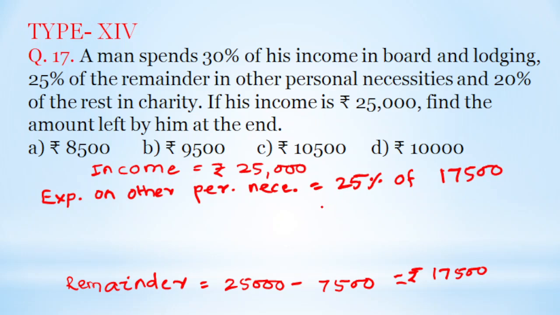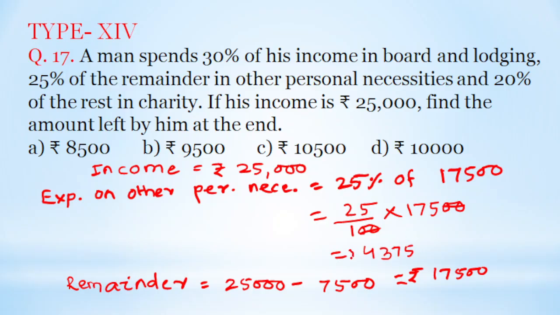So that is equal to 25 by 100 into 17,500. Here these two zeros cancelled. After multiplication it is coming as 4,375.